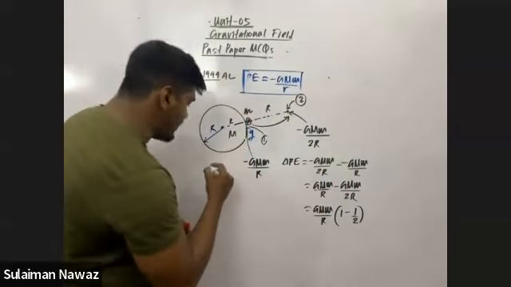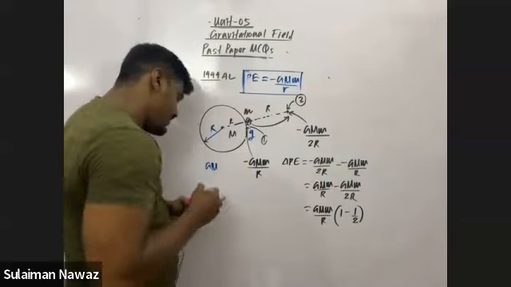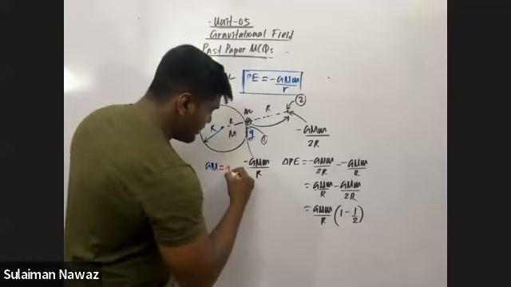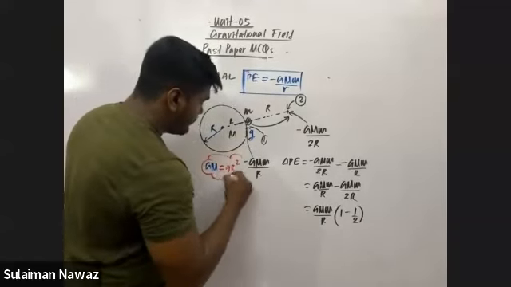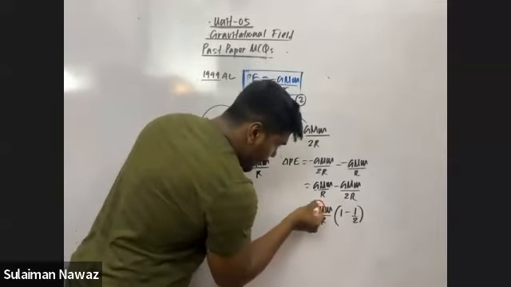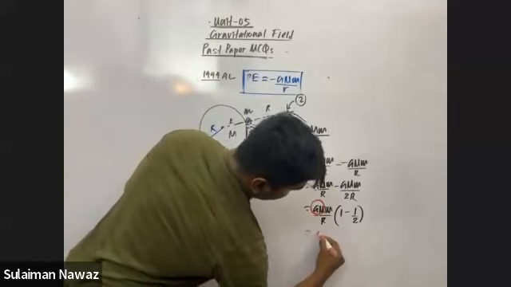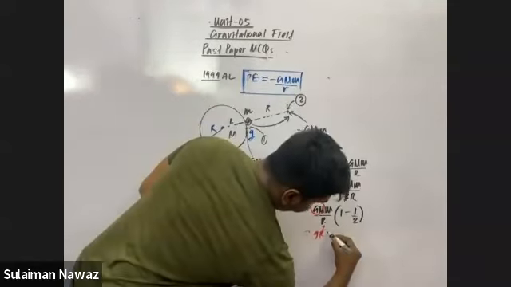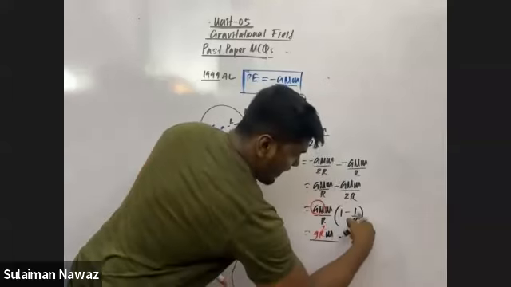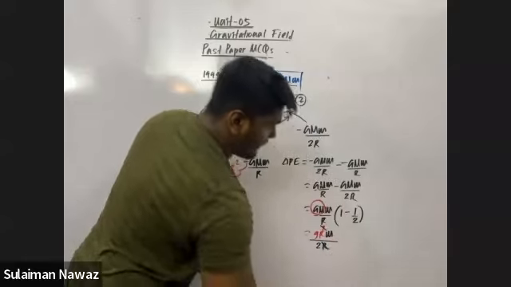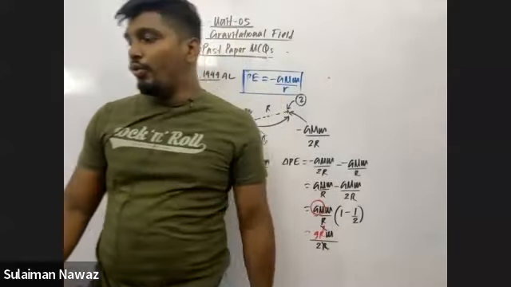We know that G capital M means g R squared. So we can substitute g R squared instead of G capital M, times simple m, times 1 minus half, which means half. 2 capital R, one R cancels out. m g R over 2.